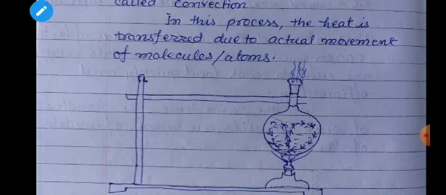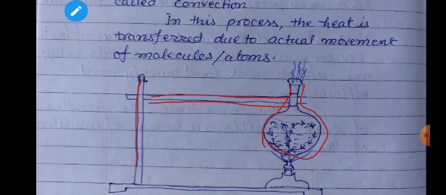You can see here, this conical flask has been arranged with the help of the rod with a stand. Then we'll have to arrange one source of heat at the bottom. You can see here there is a source of heat.